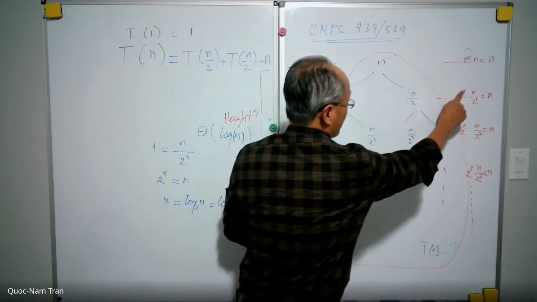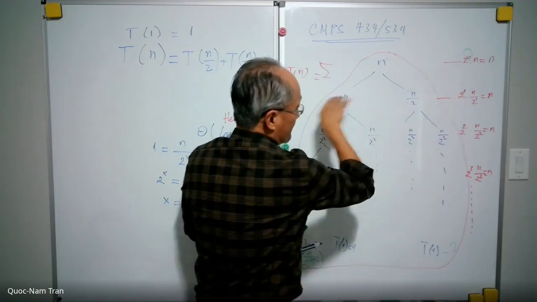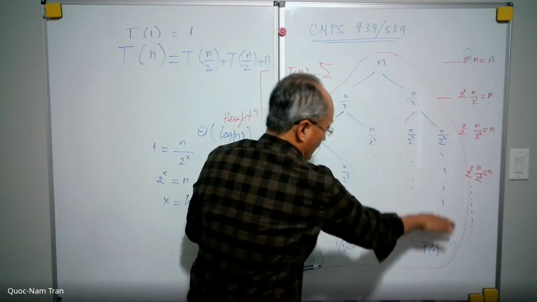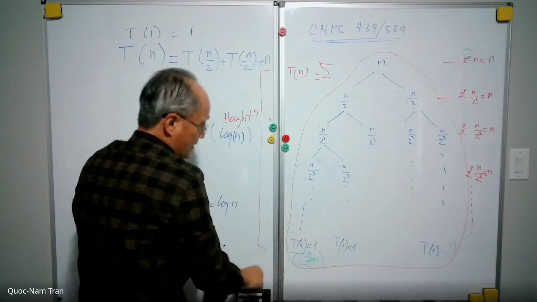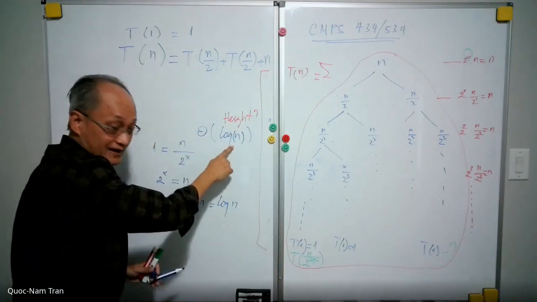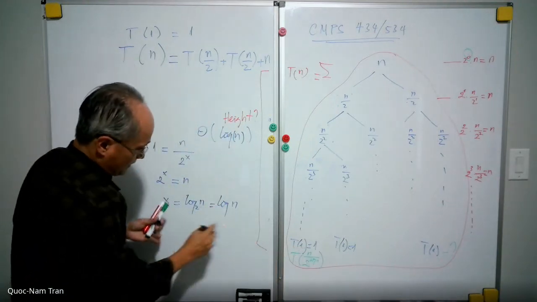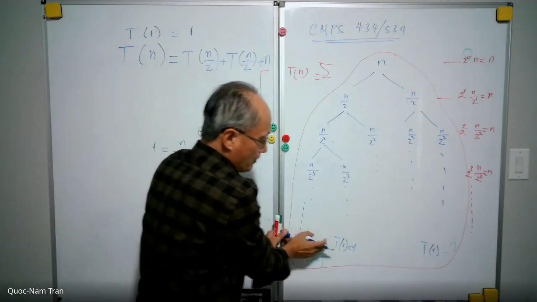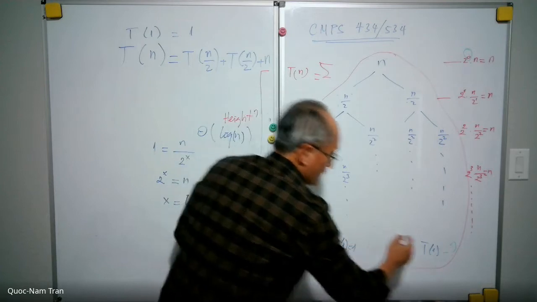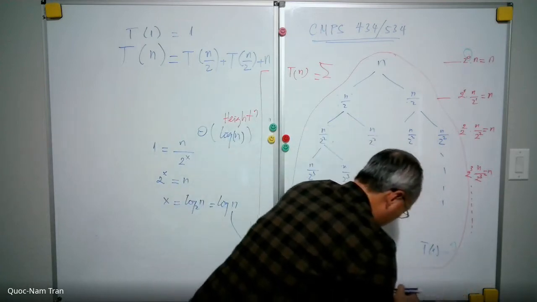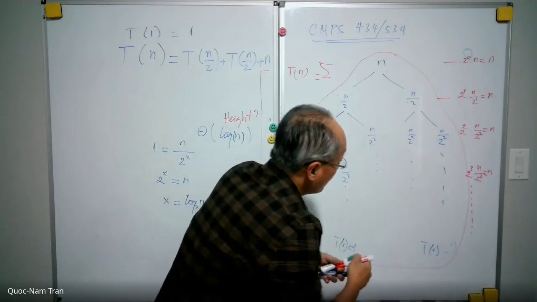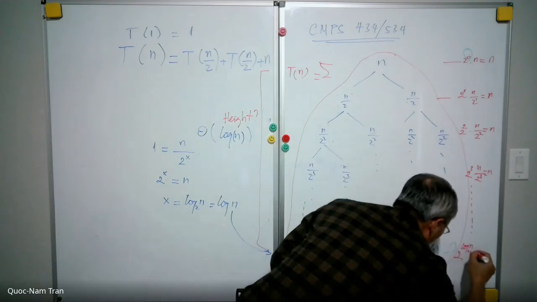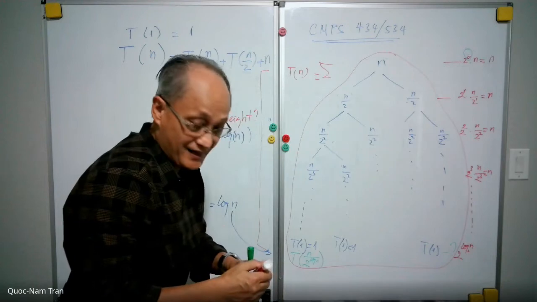And then I have 2 power to 1, where 1 is the level of this row. And we know that the level of this row is log n, right? From here, I have the level of this one. So the total number of nodes on this level is 2 power to the log 2 of n, right?